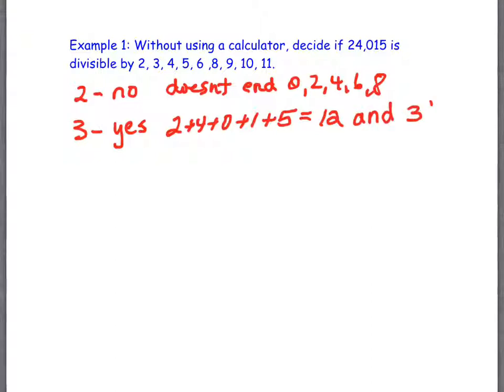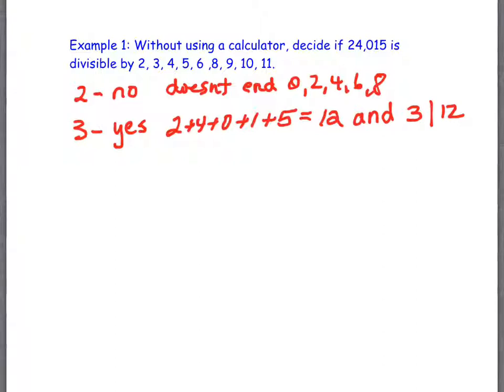Okay, so I'm going to use some notation that you're not comfortable with yet, and that's okay. What does this say? Okay. 3 divides 12. It means 3 is a factor of 12. It divides into the number 12. Okay.